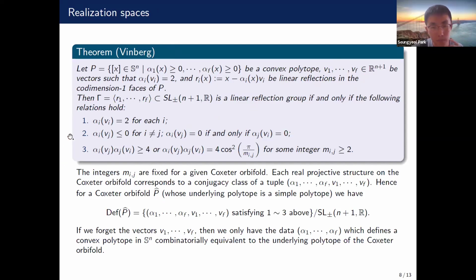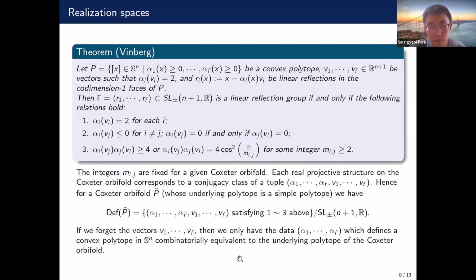That's a way to compute the deformation space, as written here. In that way, the deformation space can be identified with the configuration space of these functionals and eigenvectors.